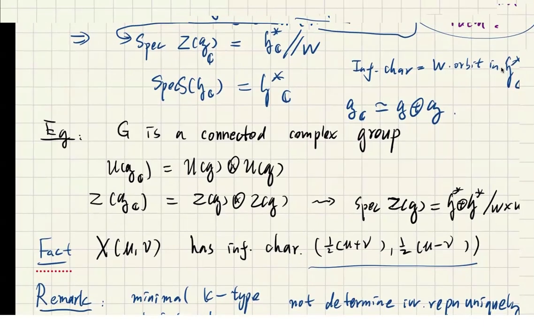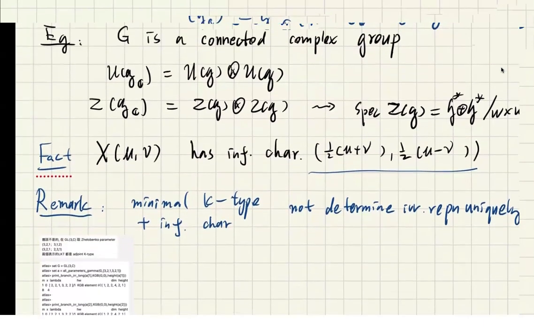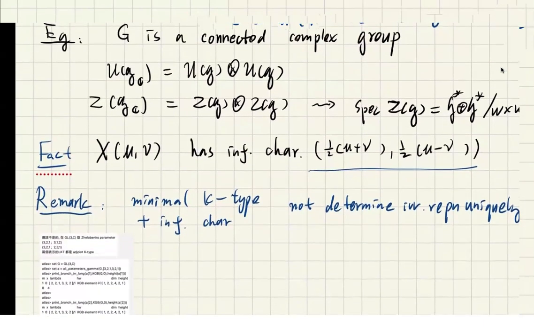So in many cases, the minimal K-type will determine the irreducible representation, but in general, it's not. So these two pieces of information will determine the representation: just the infinitesimal character and the minimal K-type.